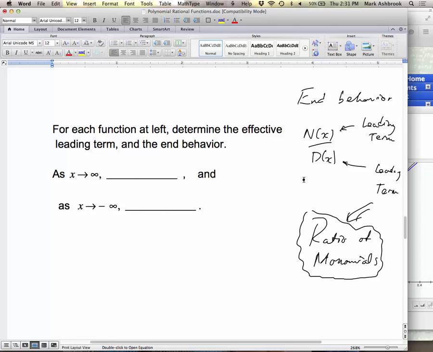So this function doesn't have a leading term because it's the ratio of two polynomials. But if you take the ratio of the leading terms, then whatever that turns out to be, in effect, is like the leading term of the whole fraction. So we'll call that effective, because there's not really a leading term, but in effect it is. So it's the effective leading term.